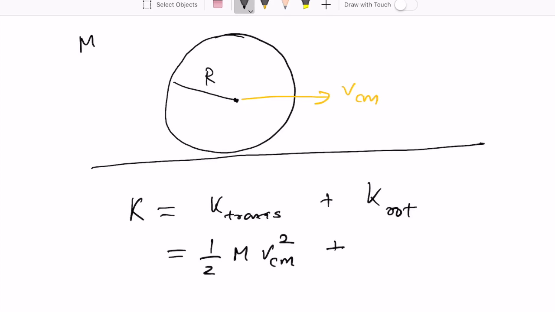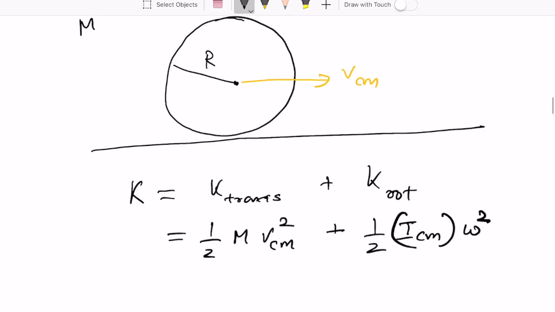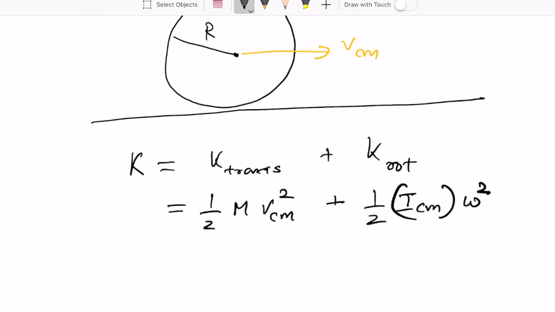The rotational part would be half I about an axis passing through the center of mass of the disk, so that would mean an axis perpendicular to the disk passing through the center of the disk. So ICM omega square, right? So let's work out the second term here. There's nothing to do with the first term. 1/2 m vcm square plus 1/2 ICM for a disk, which is half m r squared.